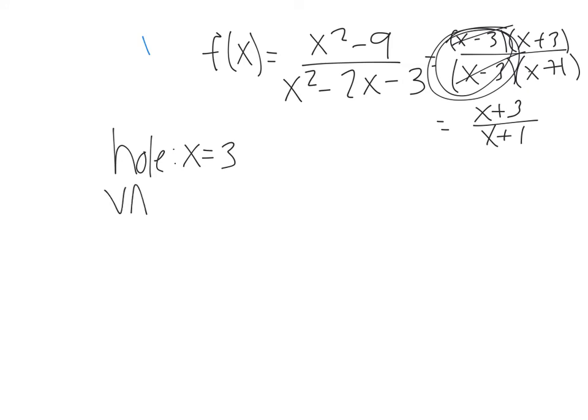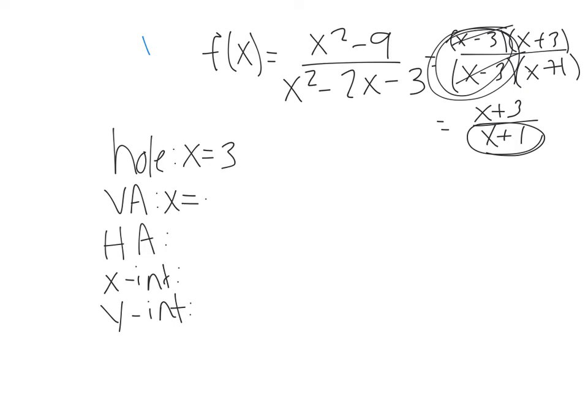All right, so let's figure out all of our asymptotes and our x-intercepts and y-intercepts. Vertical asymptotes: what makes the bottom 0? That would be x equals -1. Horizontal asymptotes, remember that we look at the degree of the top versus the degree of the bottom.